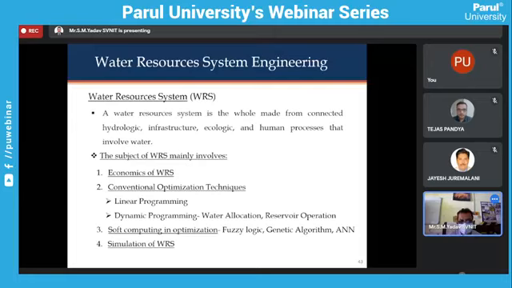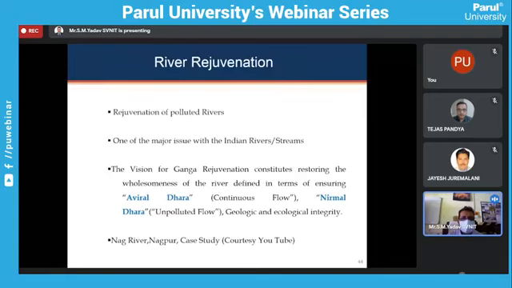This is also of use to water resources engineers as a modeler. Then there is simulation of water resources systems. Simulation means how the system will work under different scenarios. If you want to find out how a specific system will behave for different scenarios, that is possible through simulation of water resources systems.